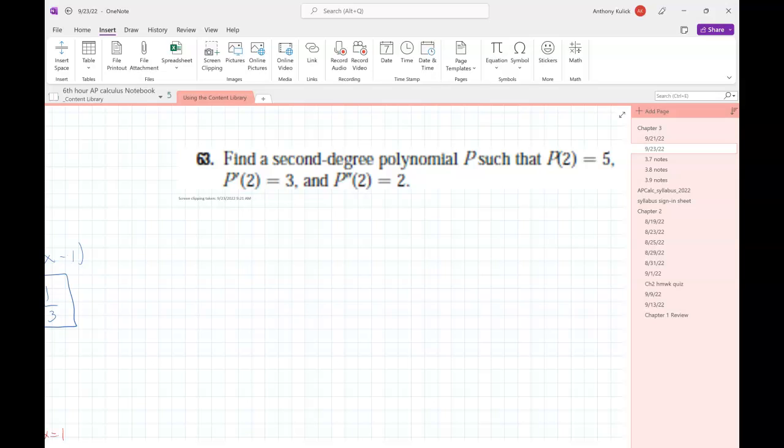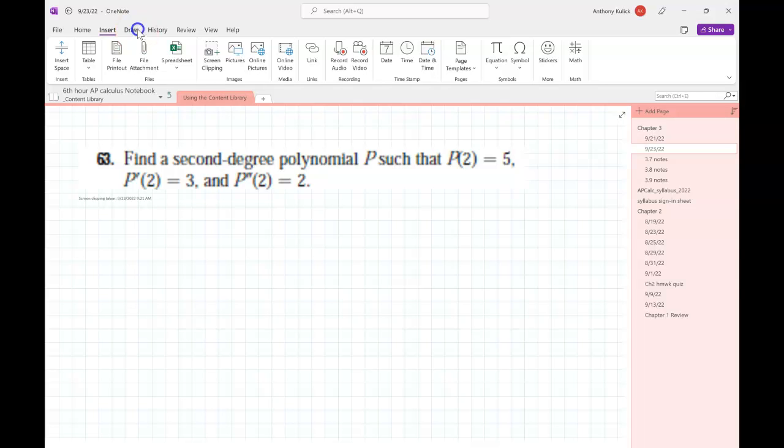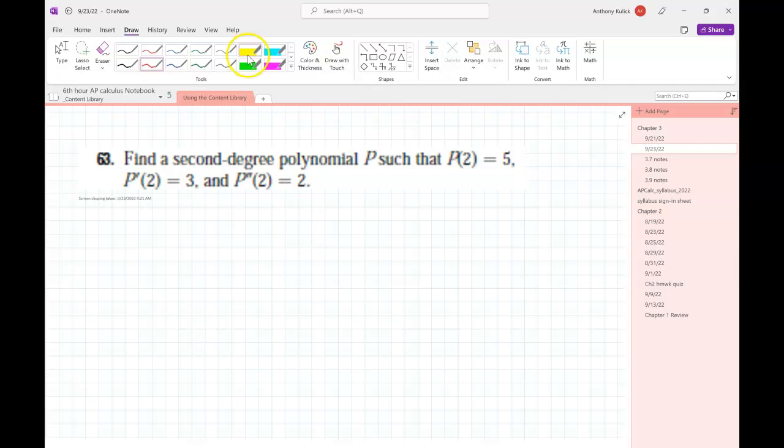Okay, so this says find the second degree polynomial p such that p of 2 equals 5, p prime of 2 is equal to 3, and p double prime of 2 is equal to 2. Okay, when we say a second degree polynomial, what are we really talking about here?